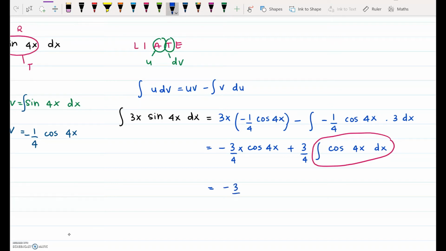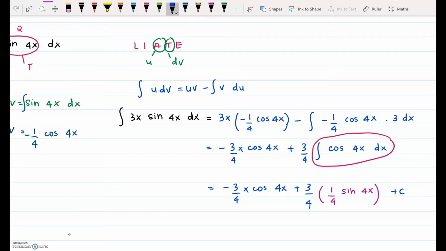So we have negative 3 over 4 x cos 4x plus 3 over 4, and when you integrate cos 4x, it is 1 over 4, and then integration of cos, you will get sine of 4x, and don't forget plus c.